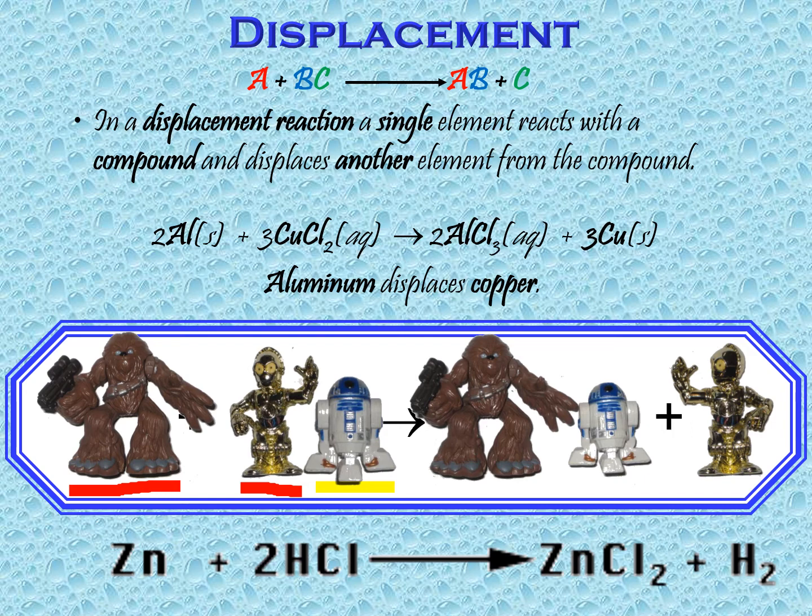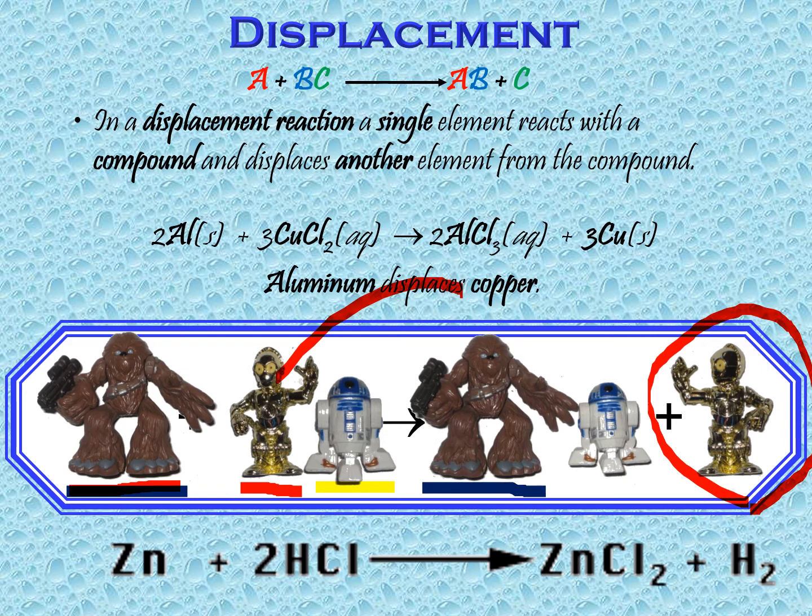Well, the goldenrod gets bumped out of the compound. It gets left out on its own, displaced. You could also say that the Wookiee has replaced it in the compound. That's why this is sometimes called a replacement reaction, because yeah, if you have one, you have the other.